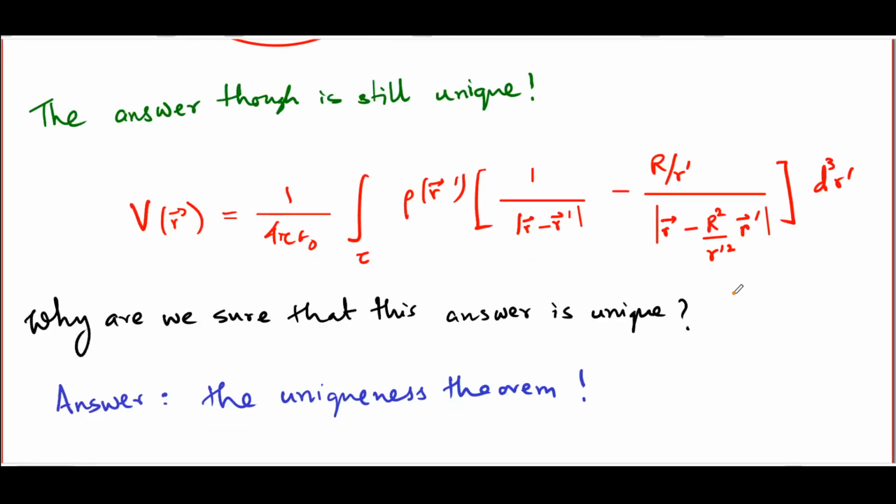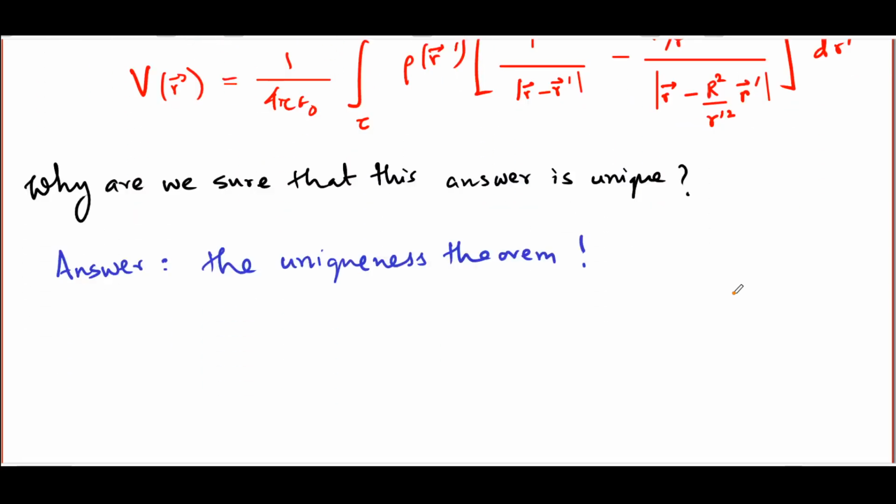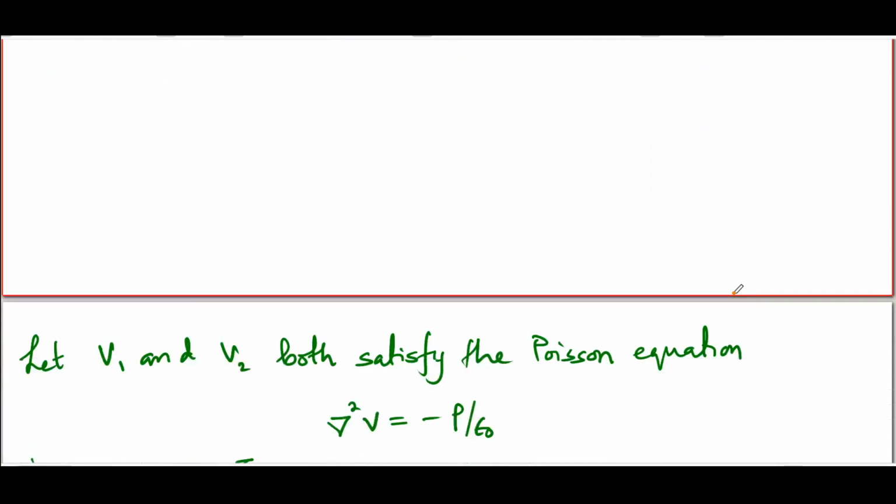To see this, let us begin by assuming that the solution to the Poisson equation in a given region is not unique. There are at least two such solutions. Let's say V1 and V2 both satisfy the Poisson equation: Laplacian of V is minus rho by epsilon 0 for the same charge density rho of r in a region tau.